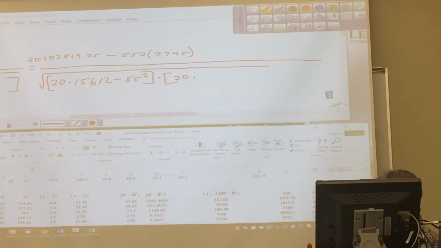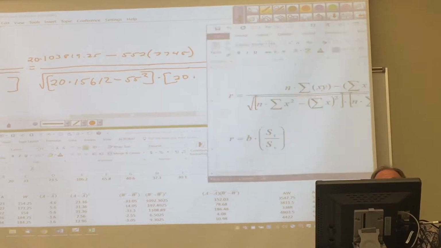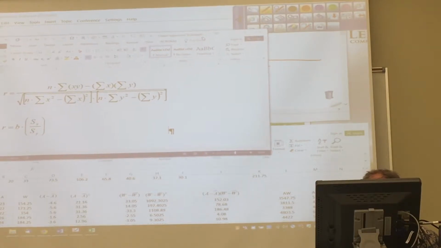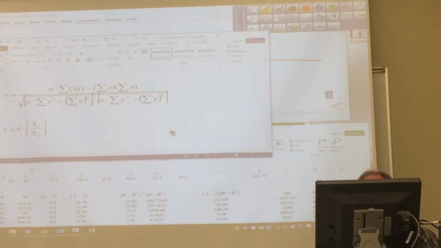It's just a long formula, and they're big numbers, so it's not going to be easy to write it out small. It's hard to do.